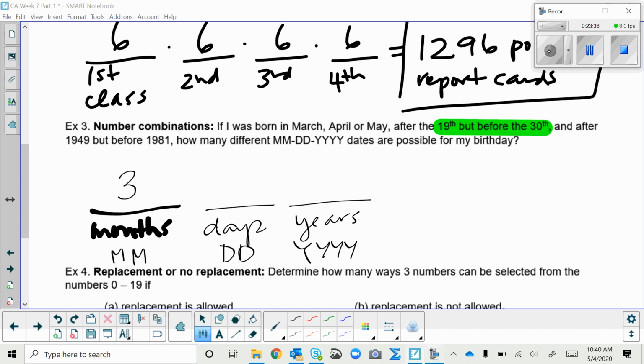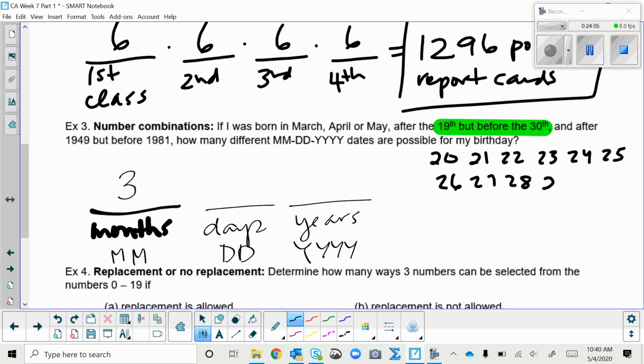But let's actually take a minute to write down the possible dates. The highlighted green part says after the 19th. What's the first date that comes after the 19th? The 20th, right? And then the 21st, 22nd, 23rd, 24th, 25th, 26, 27, 28, 29.